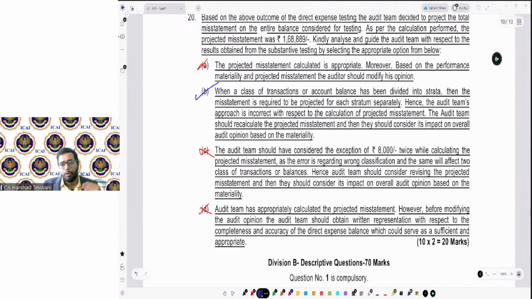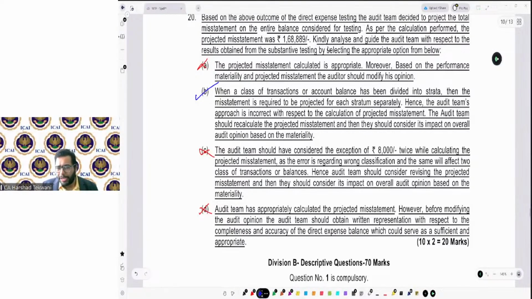But this way you can identify the incorrect options and eliminate them. Any doubt, guys? No?